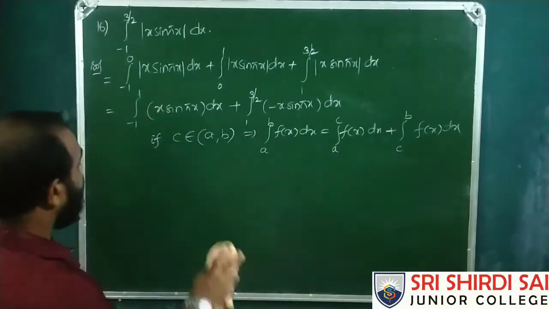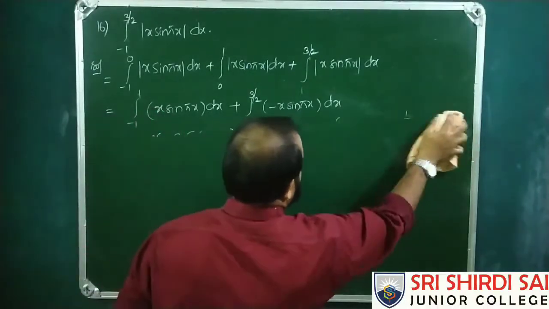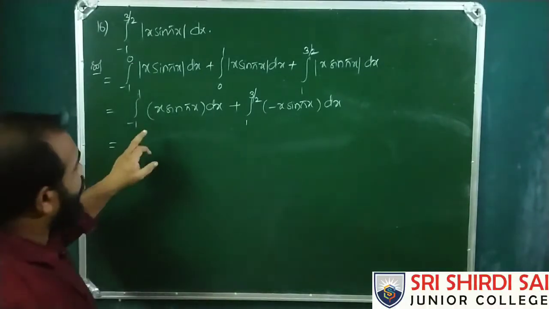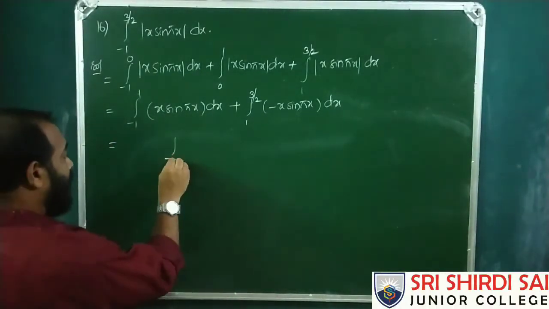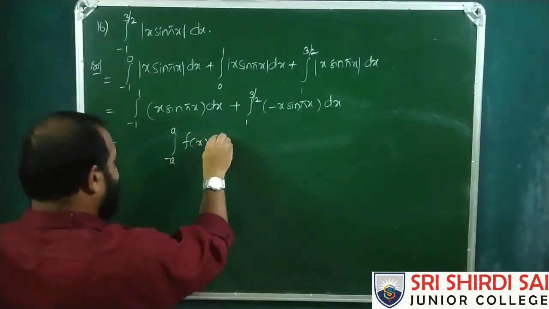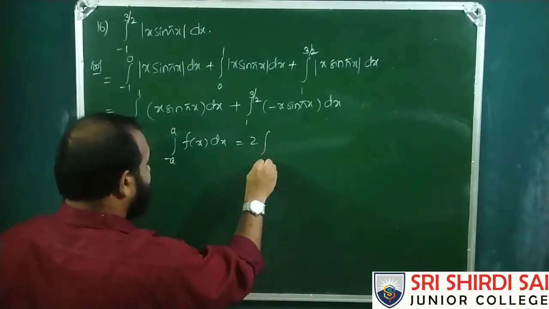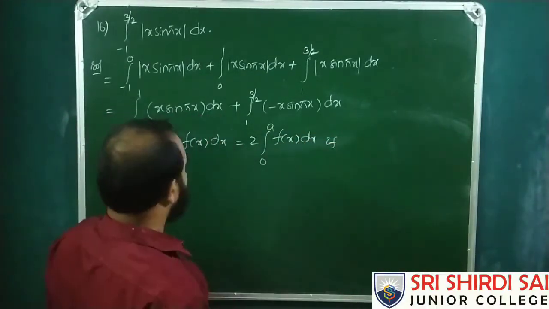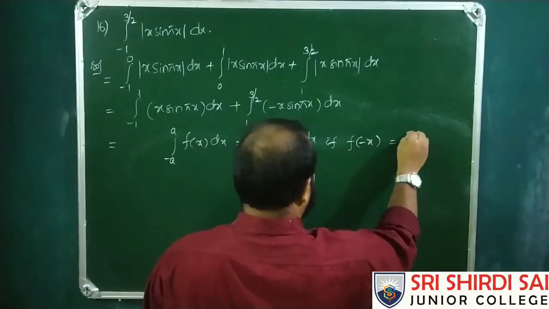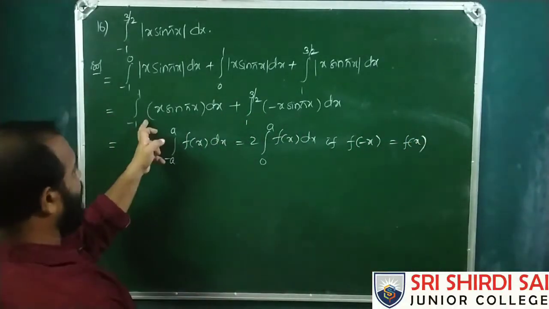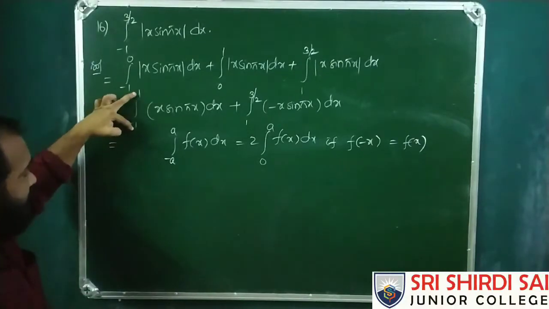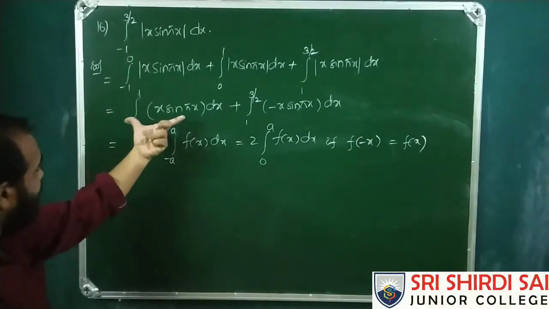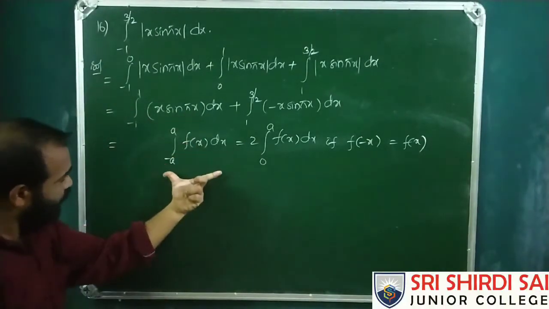Now see this, we have a property that integral minus a to a f of x dx is equal to 2 integral 0 to a f of x dx if f of minus x equals positive f of x, and the same minus a to a, because here 1 and 1 are the same, differing by minus and plus. This can be viewed like this property.